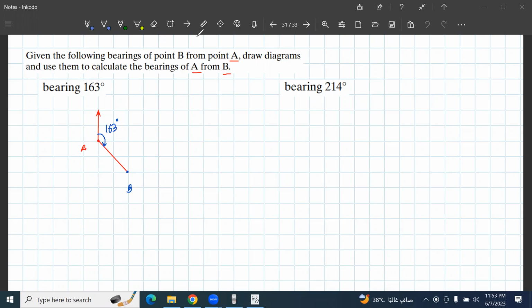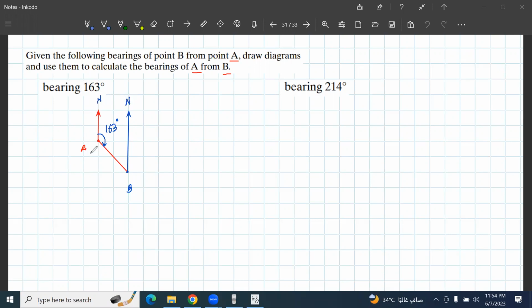So we must have north at B. We draw the diagram. Now we will say the bearing of A, okay? So I need to draw north, this one here, and then we need a simple pen. Okay, so see here, the bearing of A from B, these are the norths.